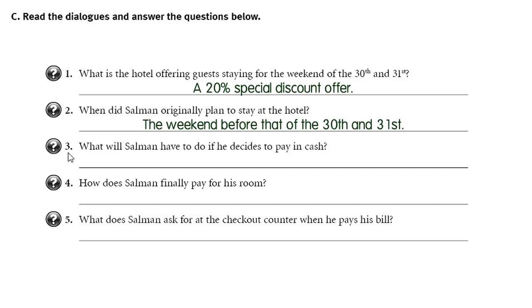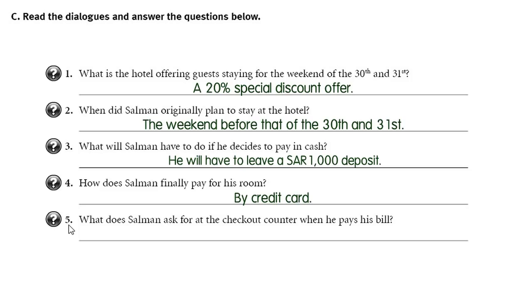Number 3. What will Salman have to do if he decides to pay in cash? He will have to leave a SAR 1000 deposit. Number 4. How does Salman finally pay for his room? By credit card.